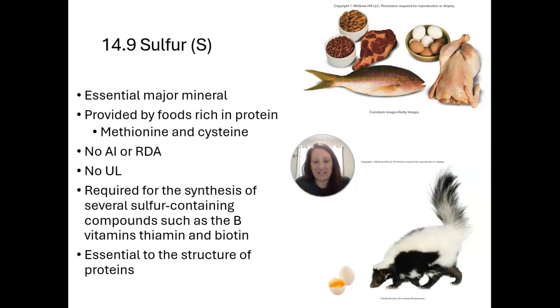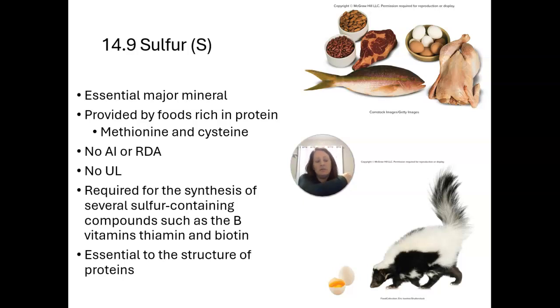Sulfur is our last essential major mineral. You are going to find sulfur in foods that are rich in protein. Sulfur is a component of 2 amino acids, methionine and cysteine.